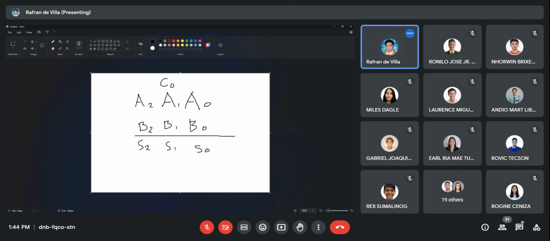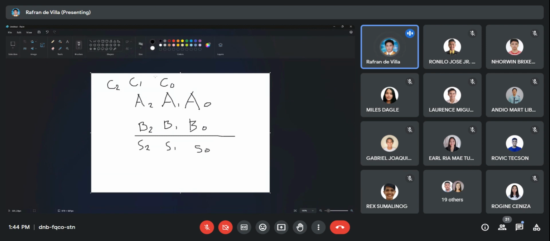For these bits being added, A1 plus B1 is equal to sum 1, and that means you'll also have another carry bit, which will be added to the next significant bit. So A2 plus B2 is equal to sum, and it's also possible to have a carry, which we call C2.